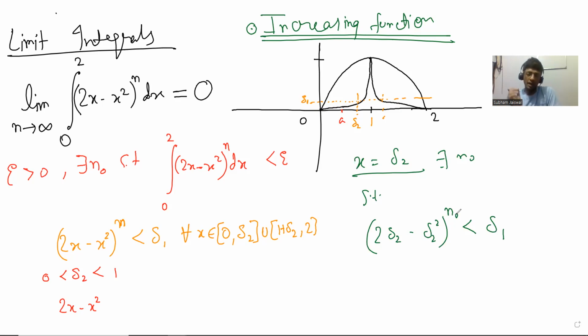One has to understand that delta 2 is fixed, delta 1 is fixed, and then you have to find the n which works for all x between 0 and delta 2. That has to be clear. This you can obviously do because delta 2 is a fixed number between 0 and 1. But then it's an increasing function, right? So that implies that for all x less than delta 2, the same thing is true.